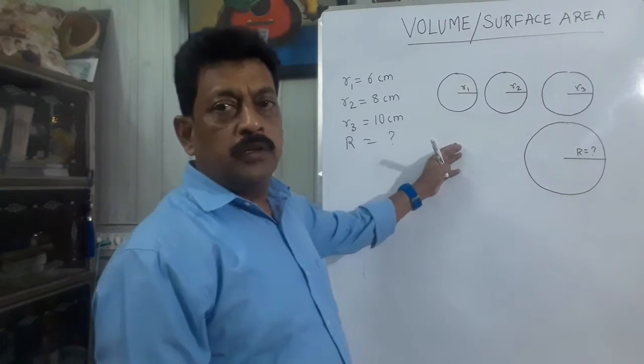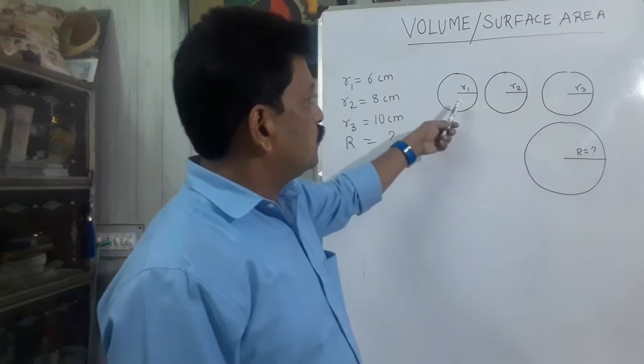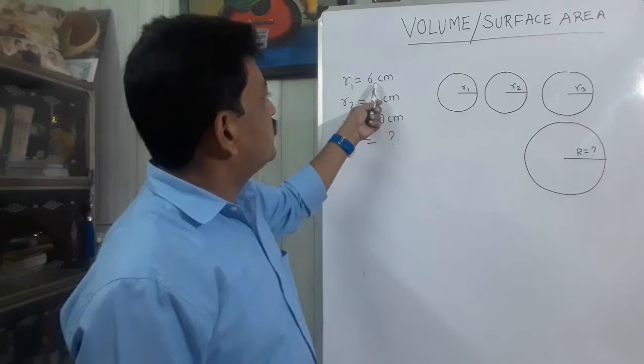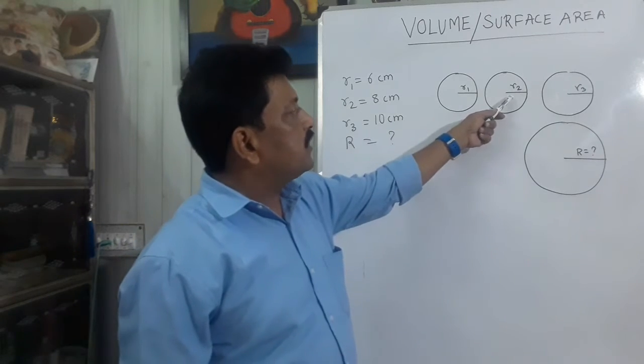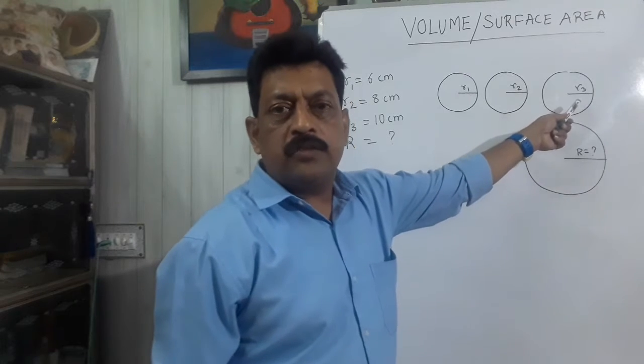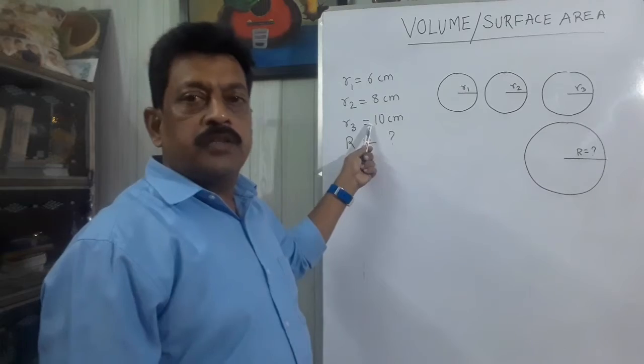Students, in this question, it is given that three metallic spheres have radii: the first one, R1, is 6 centimeter, the second sphere R2 is 8 centimeter, and the third sphere R3 is 10 centimeter.